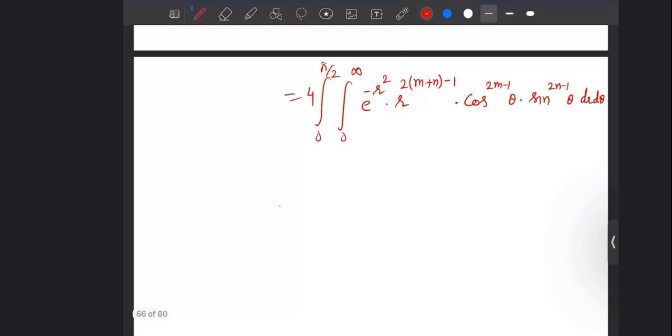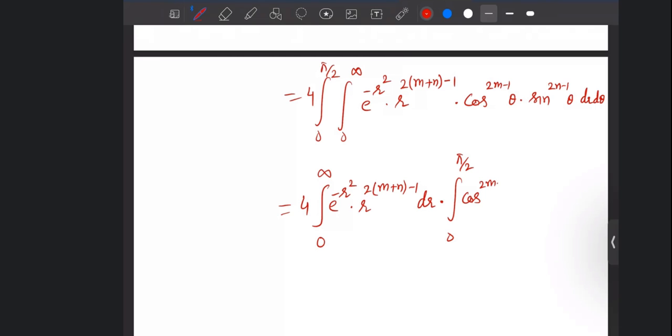Then because r and theta are totally independent, we can convert this double integral again into a product of two integrals. One is e raised to the power minus r square, r raised to the power 2(m plus n) minus 1, integrated with respect to r, and the other integral is 0 to pi by 2 cos raised to the power 2m minus 1 theta into sine raised to the power 2n minus 1 theta d theta.